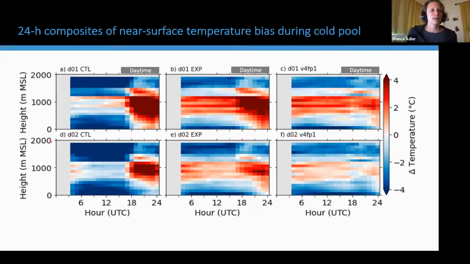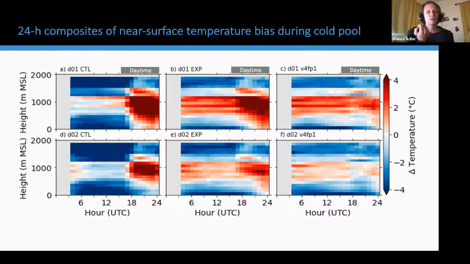And it's very clear to see that this negative bias in the lower layer and upper layer was strongest in the control configuration independent of horizontal resolution, and that this diurnal cycle we saw in the bias is most pronounced in control, but also still visible in the experimental versions, but then pretty much not existent anymore in version 4.